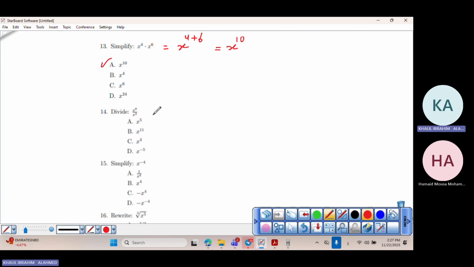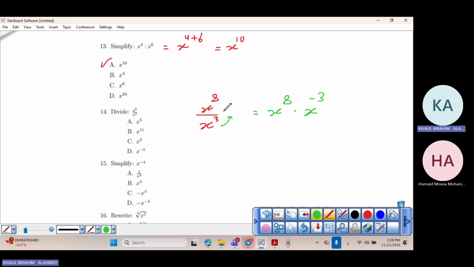But here, this is divided: x to power 8 over x to power 3. This goes up with a minus, so it equals x to power 8 times x to power negative 3. Why?